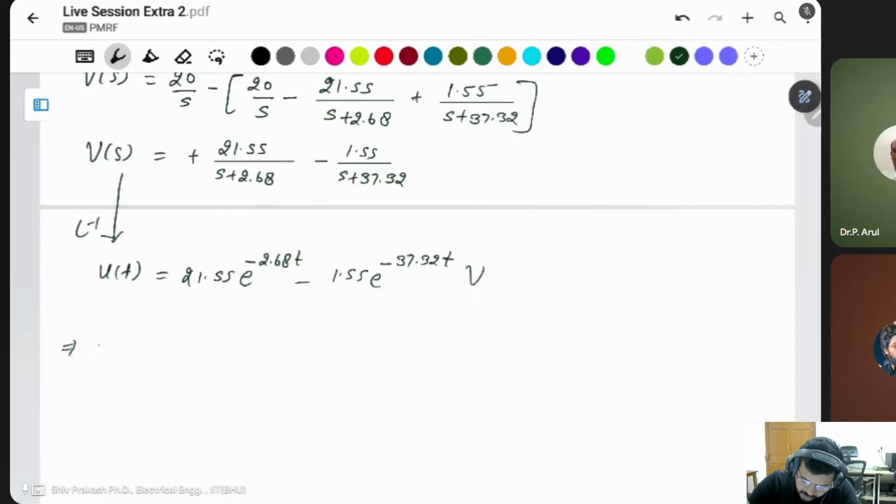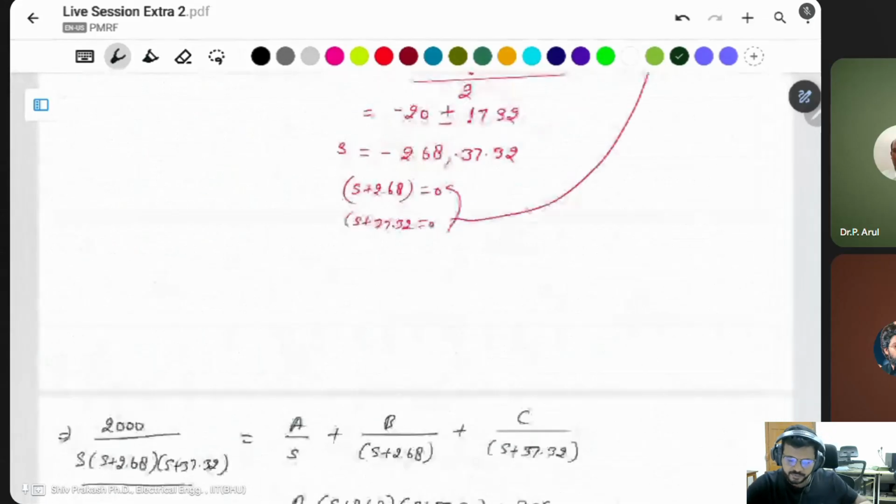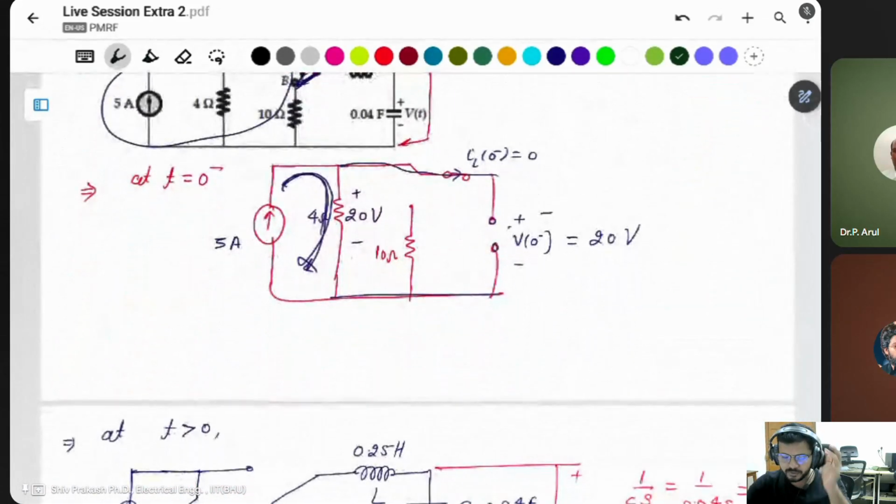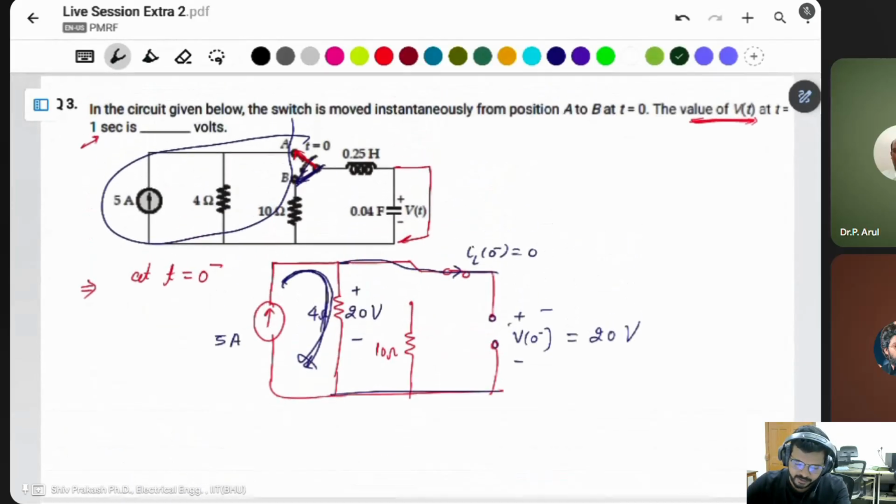In the question, it is asking for the voltage at t is equal to 1 second. Sorry, actually this type of question is asked in the GATE examination, that's why I solved it in this way also. The Vt at t is equal to 1 second.